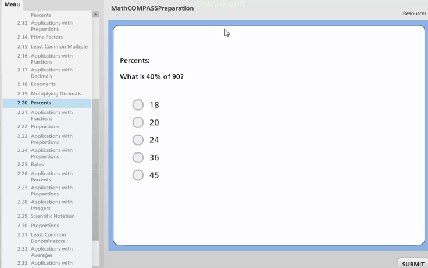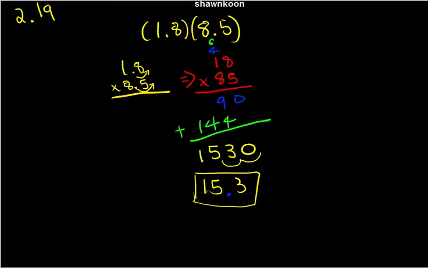So 2.20, what is 40% of 90? Okay, so let's see. 2.20. So it says, what is 40% of 90?